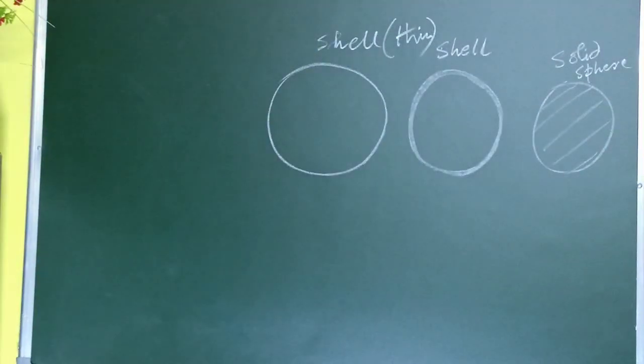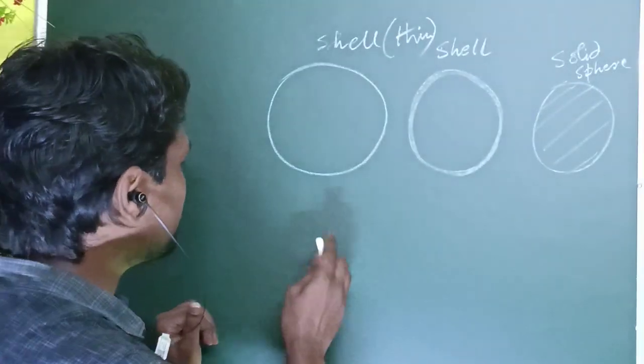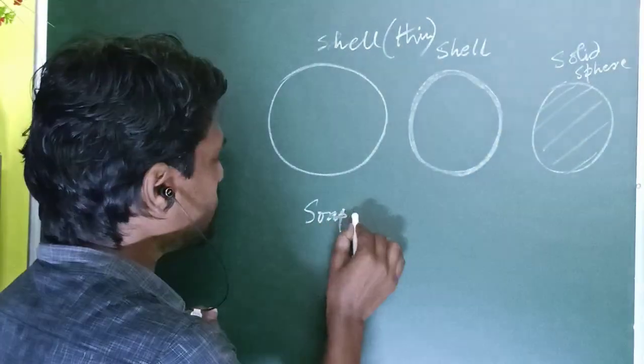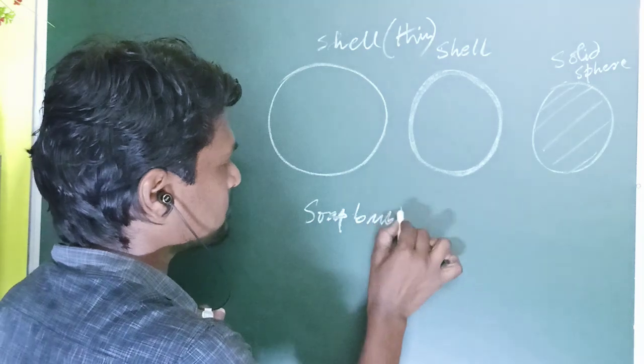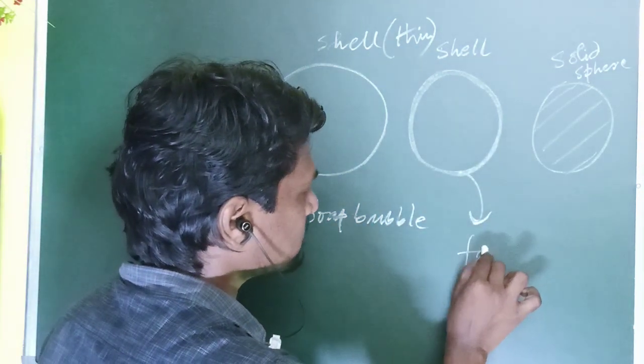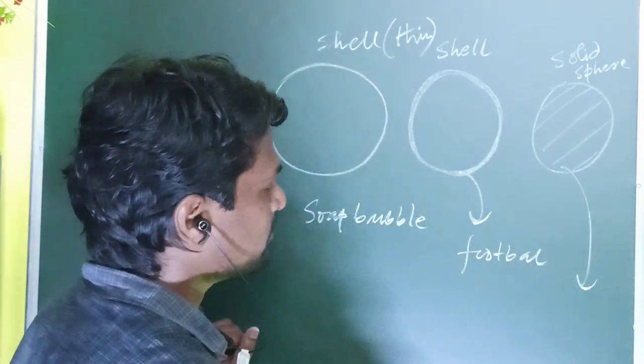So the first one is a thin shell, the second one is a shell, and the next one is a solid sphere. So you can consider the first a soap bubble, this is like a football, and this is like a ping pong ball.